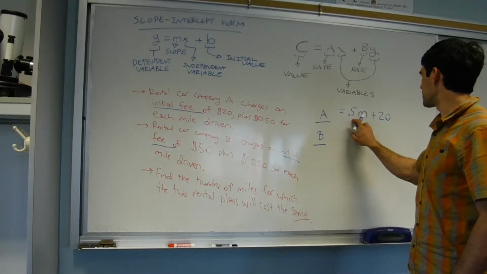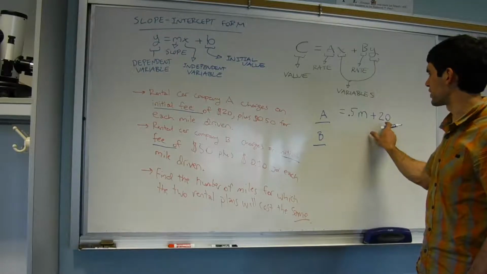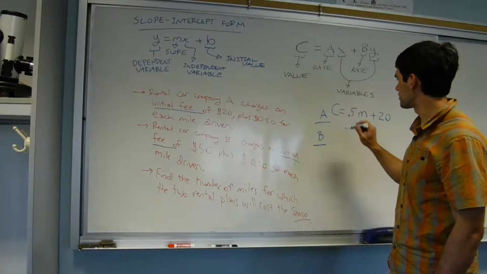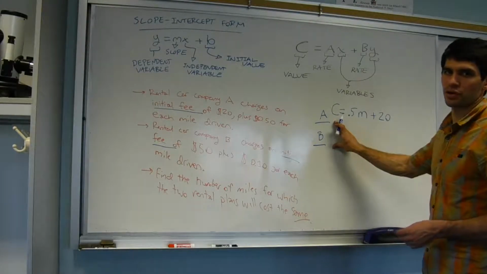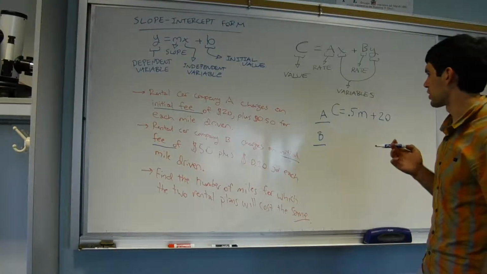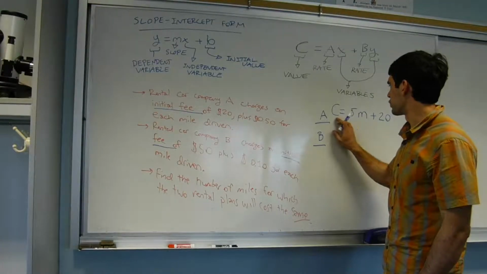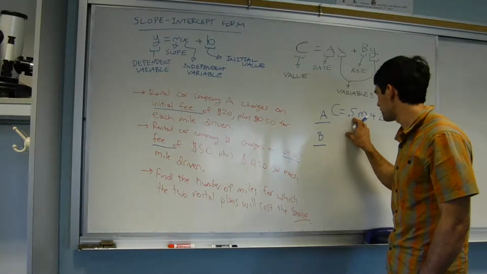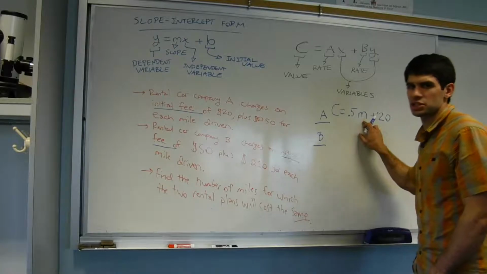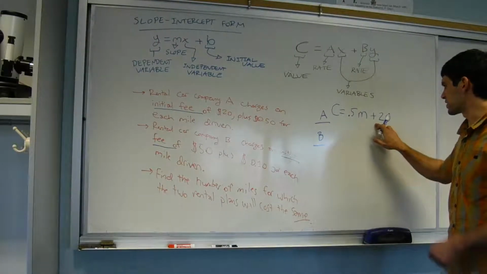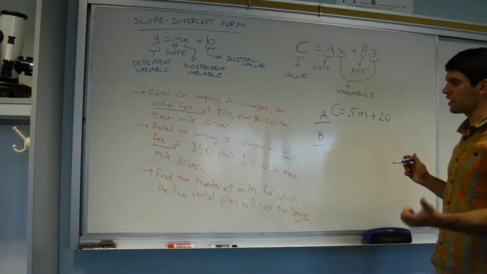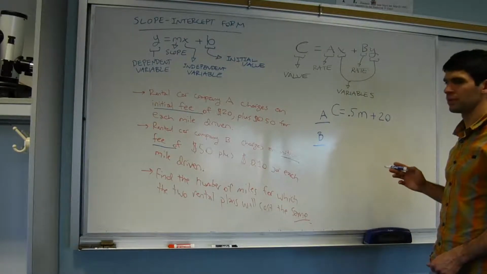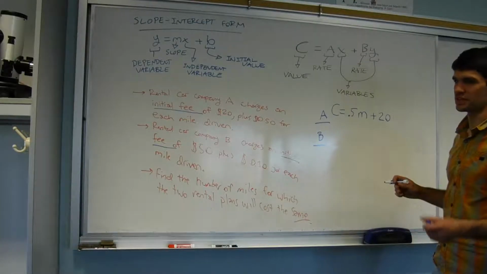And what is this combination of numbers going to give us? It's going to give us the cost of the rental car plan. So that's our equation for rental car company A: the cost is equal to 50 cents times each mile driven plus the initial fee of $20. So if he just drives 1 mile, it's going to be $20.50.